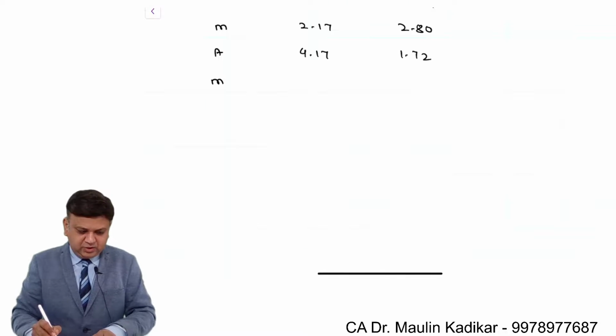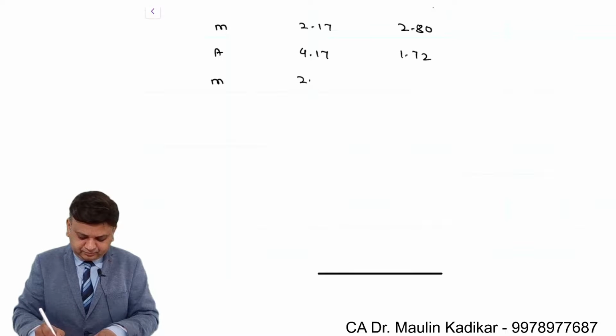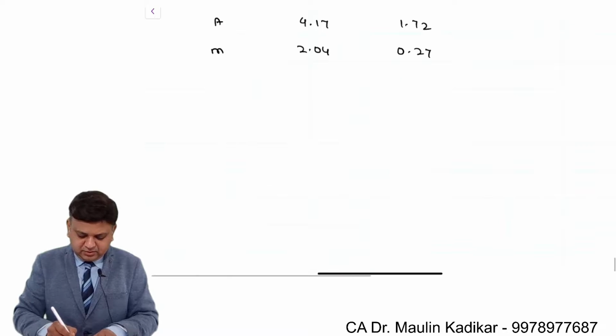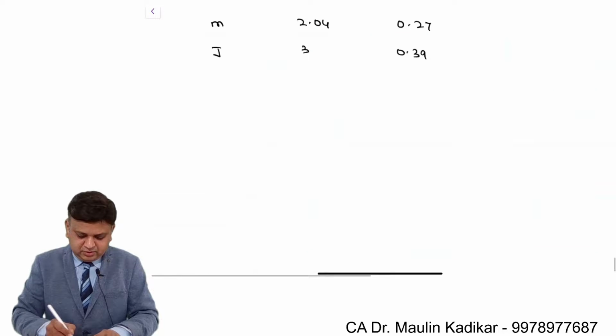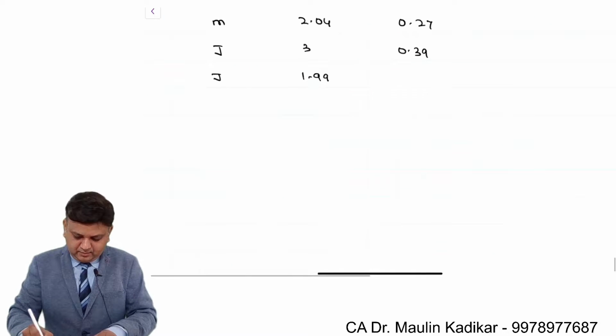May, 2.04, 0.27. June, 3.39. July, 1.99, 1.95.